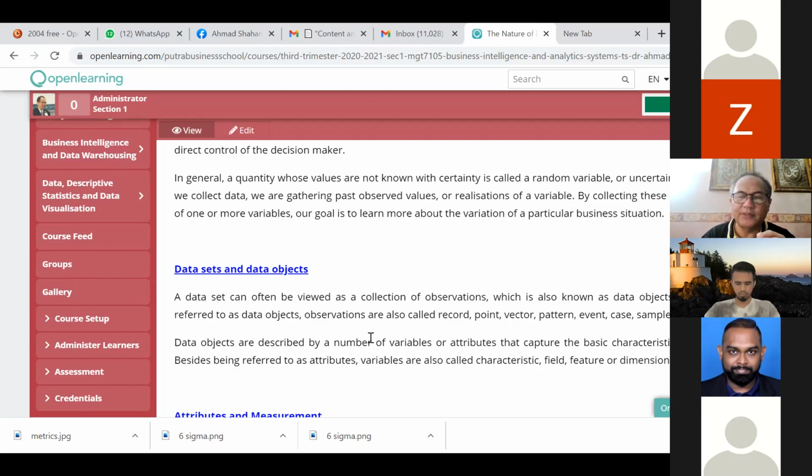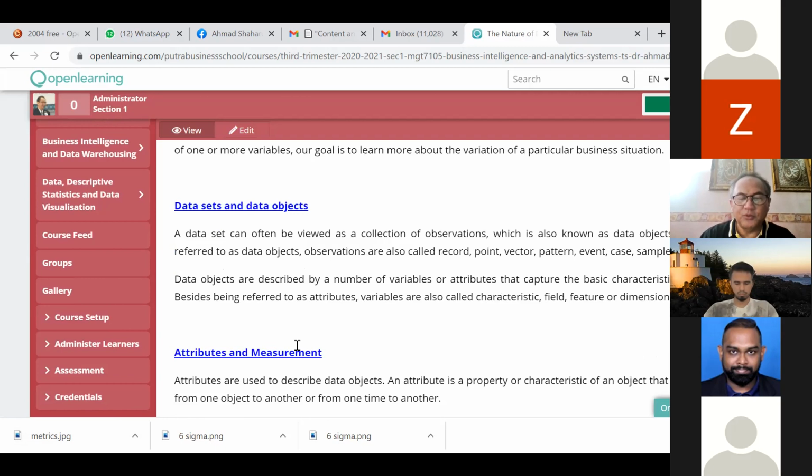Say you have a product. What are the attributes of the product? The selling price, the cost of sales, and cost of sales has different components: material cost, labor cost, direct labor, direct material. These are attributes that capture the basic characteristics of this object.